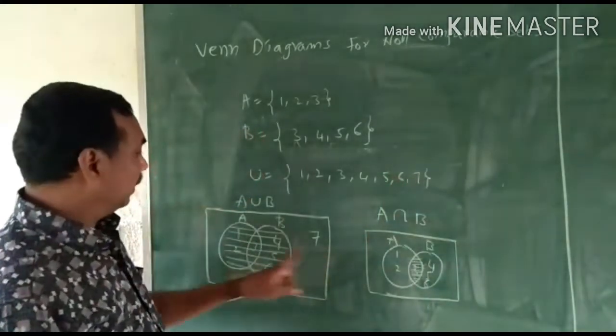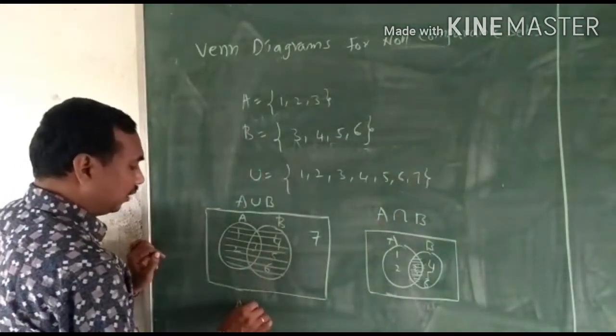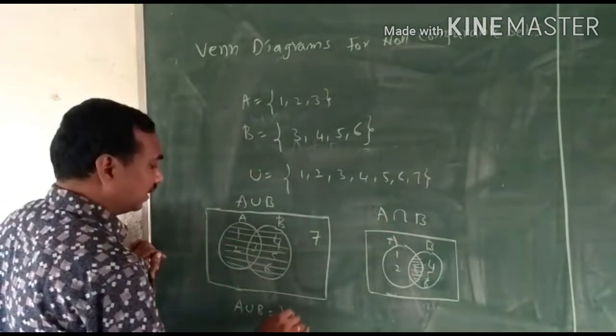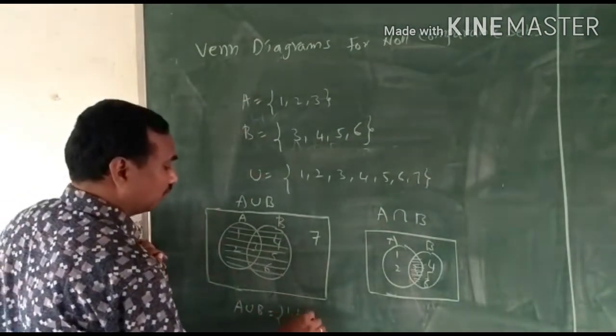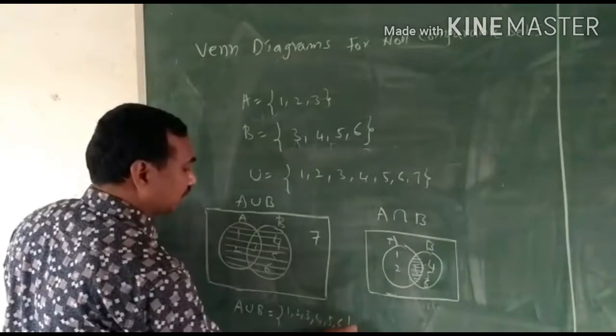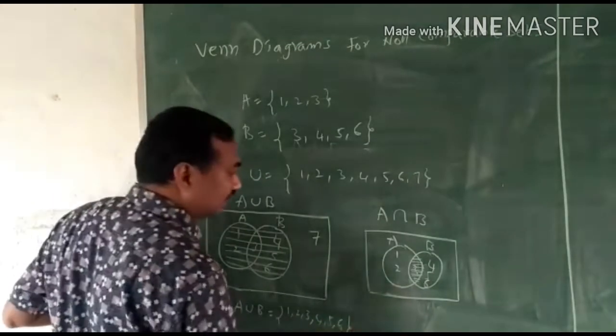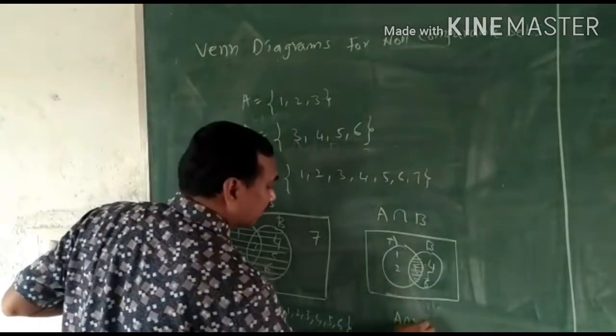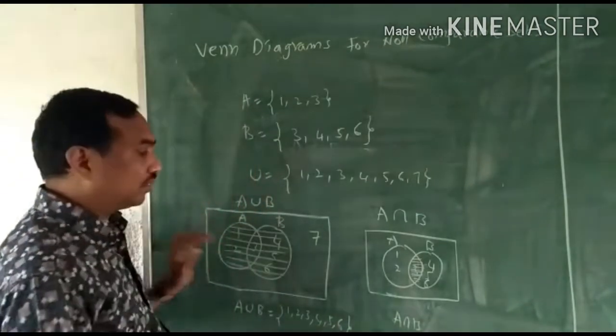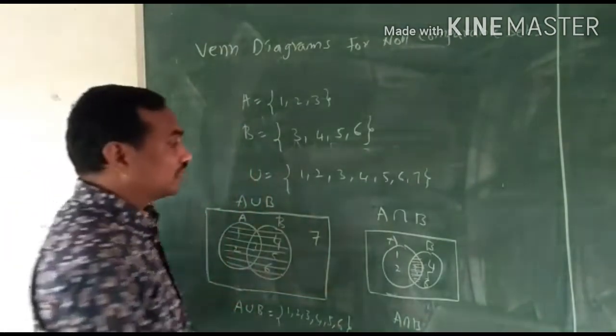Here the shaded area represents A union B, that is 1, 2, 3, 4, 5, 6. Here the shaded area represents A intersection B.